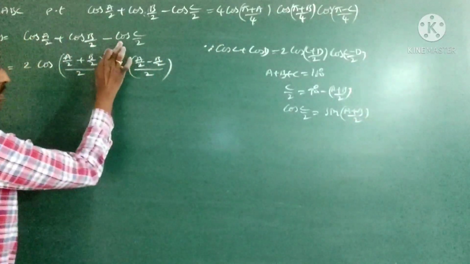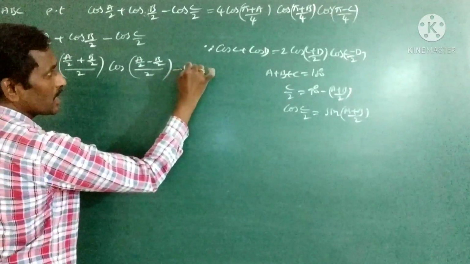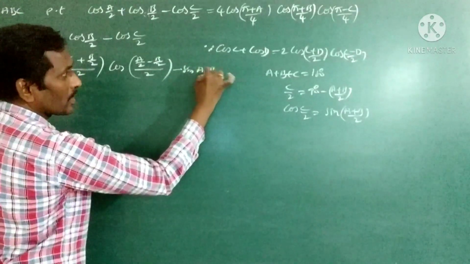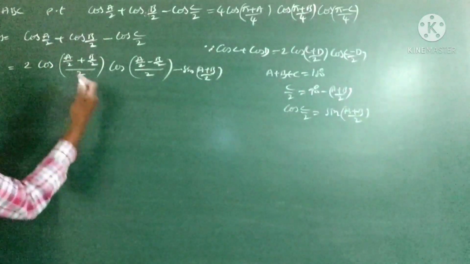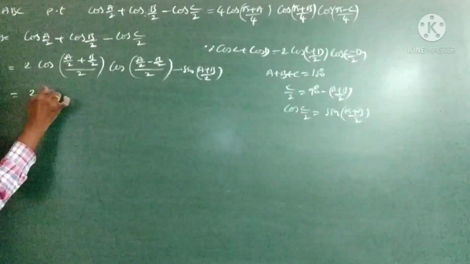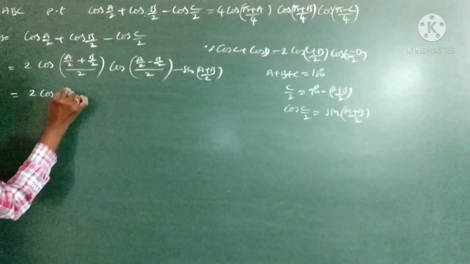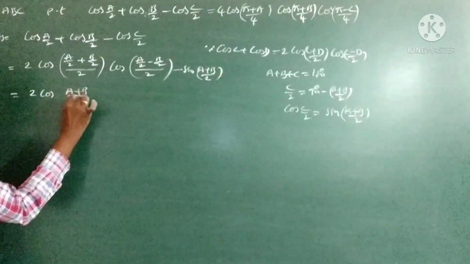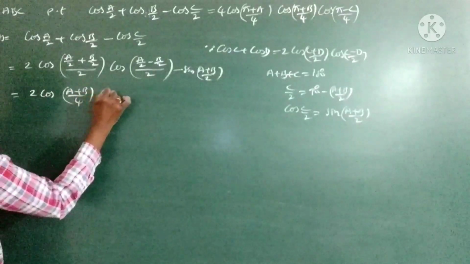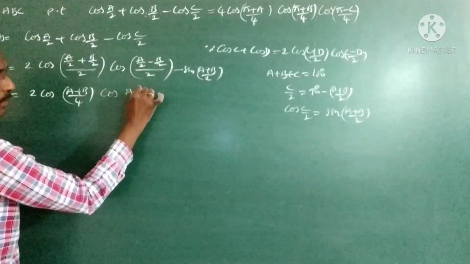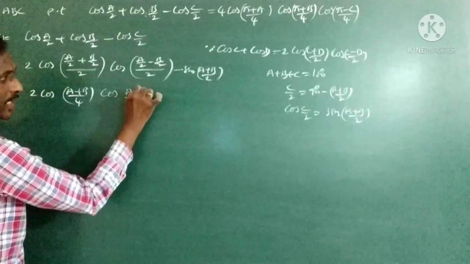Now write in place of this minus sin function of (A plus B) by 2. Next, this equals 2 times cos function. Take an LCM: (A plus B) by 4. For the LCM, 2 into 2 is 4. As it is, cos of (A minus B) by 4 is the value.